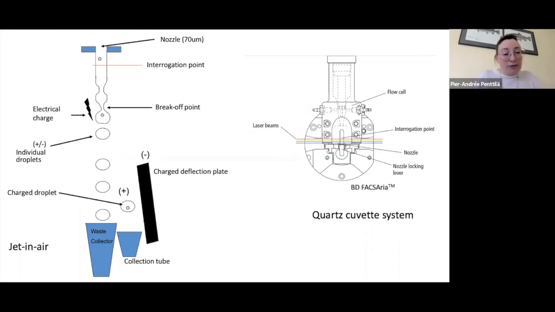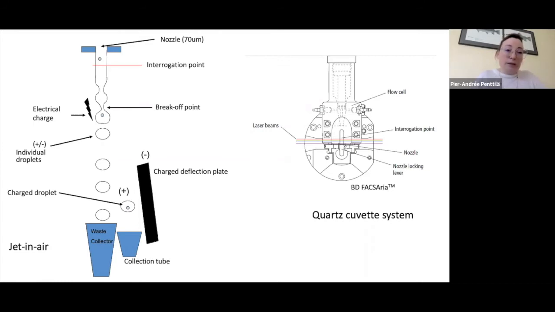Some of the fundamental differences between a jet in air and a quartz cuvette system are that the laser interrogation point, the point at which the cell is interrogated by the laser, is in a jet in air system located below the nozzle point. In a quartz cuvette system, such as the BD FACSAria, the interrogation point actually takes place above the nozzle.